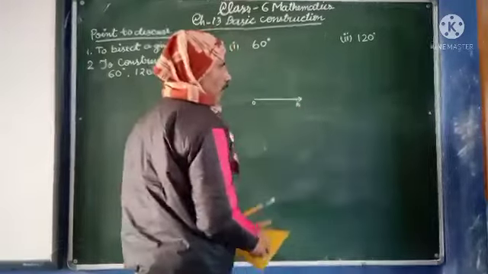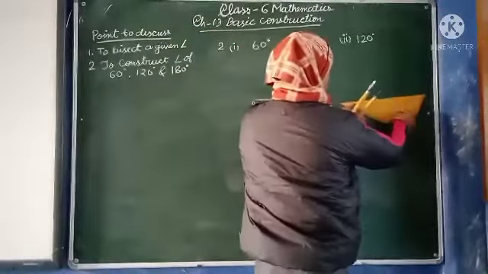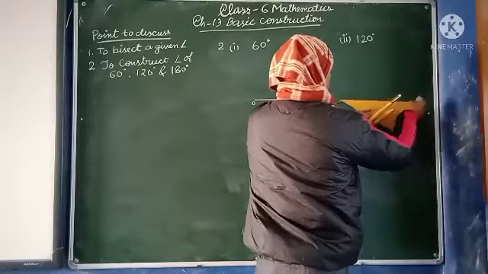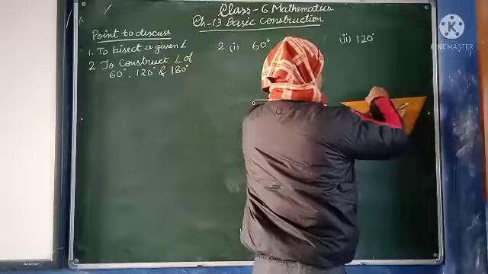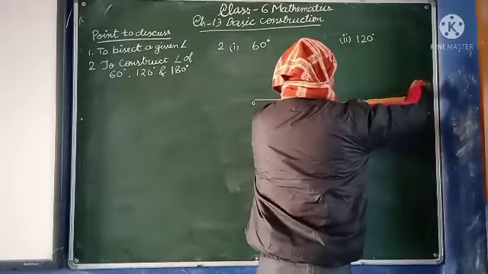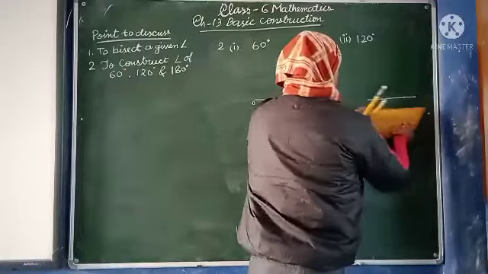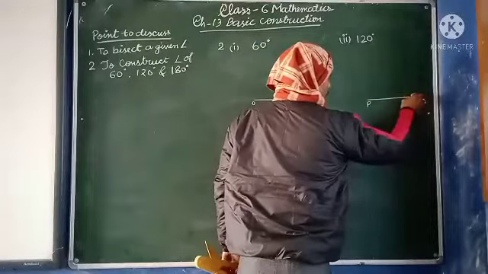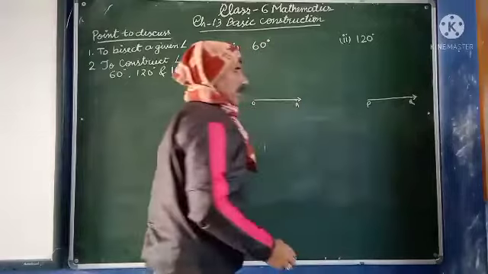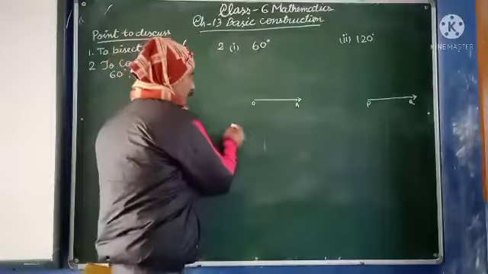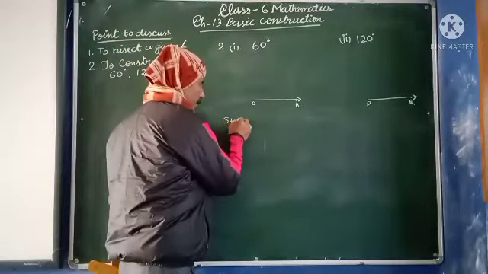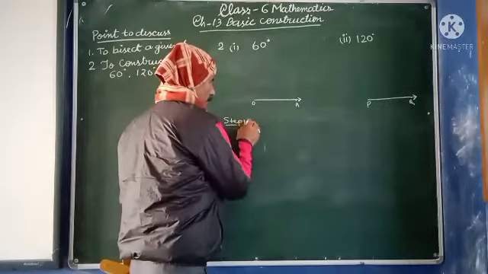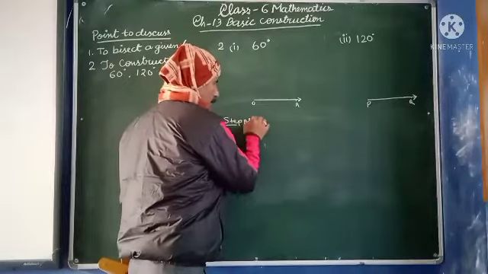For 120 also you can draw another ray PQ. Now step 1 is the same for both. Step 1, and here are the steps of construction.